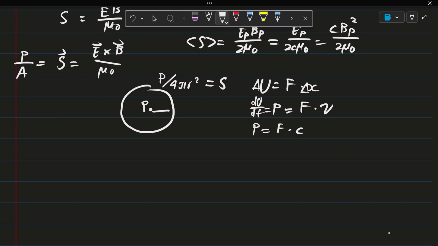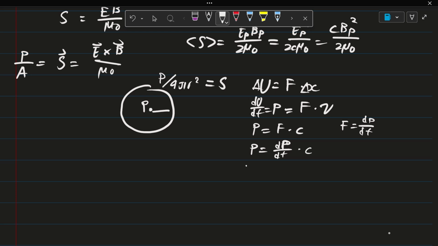If we try to understand this a little bit further, F equals dp over dt. This means that we could substitute this in again. So power would equal dp over dt, where this p here is momentum, multiplied by c, and we'll integrate both sides by t.